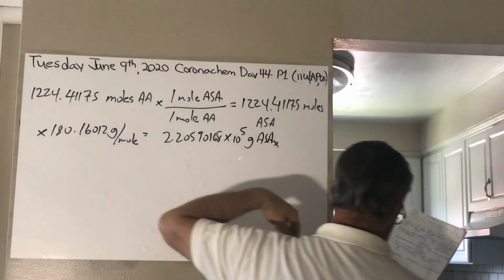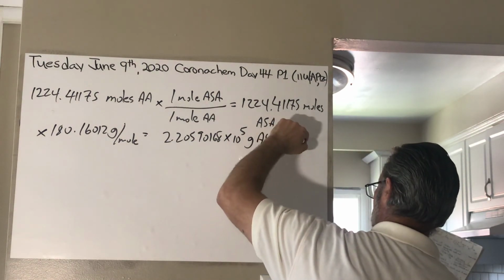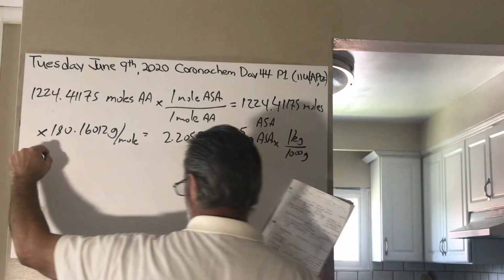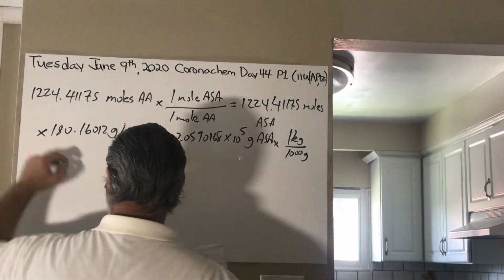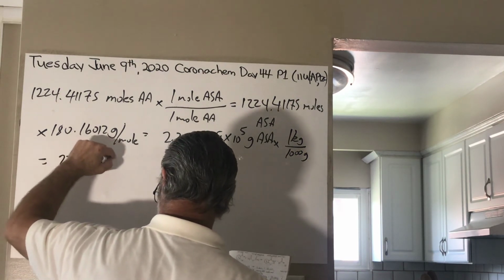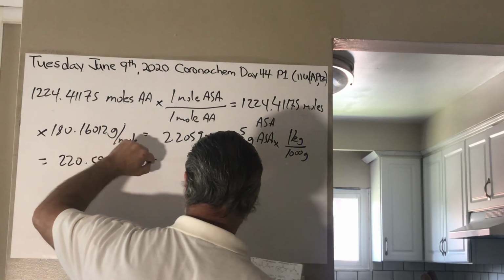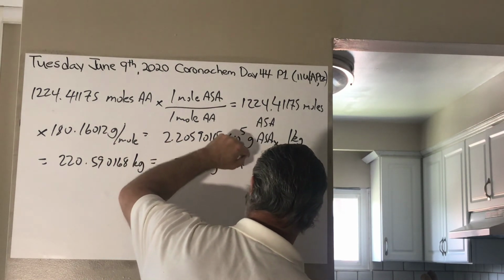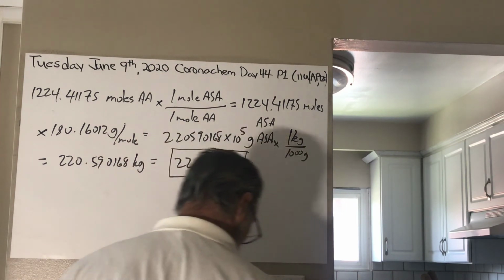Convert that to a more manageable number. 1 kilogram for every 1,000 grams means that you will end up with 220.590168 kilograms. You're not going to report that number. You're going to report 221 kilograms of ASA as your final answer to 3 sig figs.